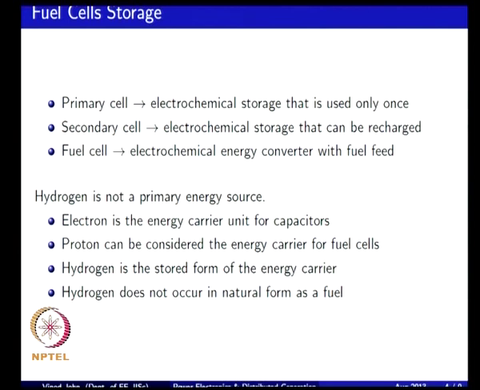A secondary cell is an electrochemical storage device that can be recharged. So, your rechargeable battery is a secondary cell, but use once and throw is a primary cell. A fuel cell is an electrochemical energy converter with fuel as the feed rather than having to electrically recharge.